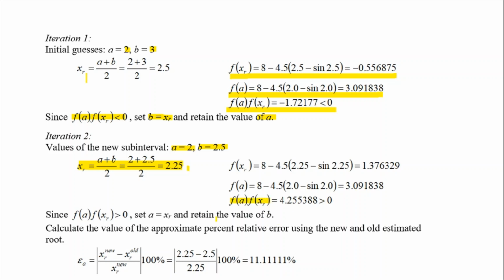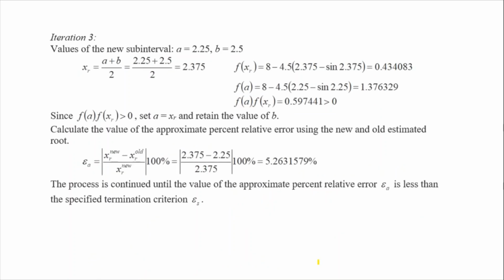So from the algorithm that we provided, we will set a equal to xr and retain the value of b. Since we have two values of the approximate solution already, we can determine its approximate percent relative error, which is calculated using this formula. Using the new and old estimated root, we get that the percent relative error is 11.11%.